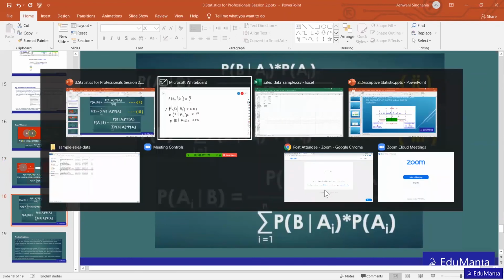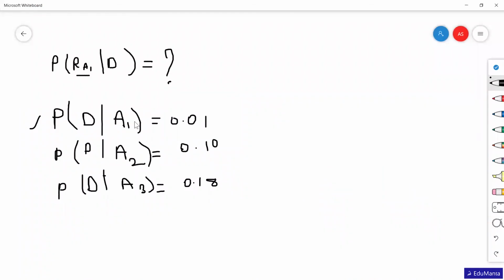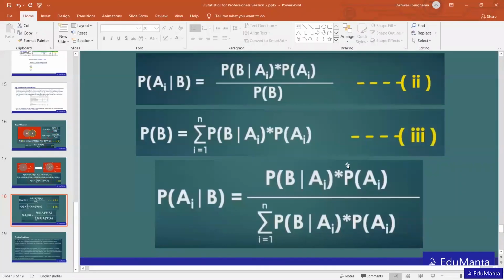We have already been given this data, right? And then we need the probability of A1, which is 30%. So this we have, and the summation of all this we also have.